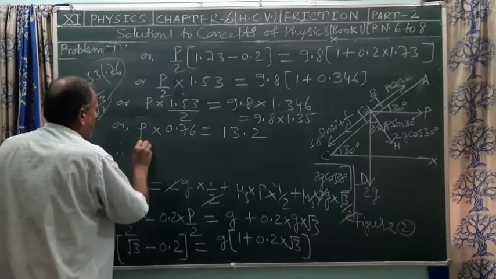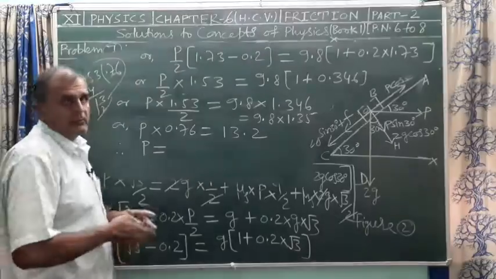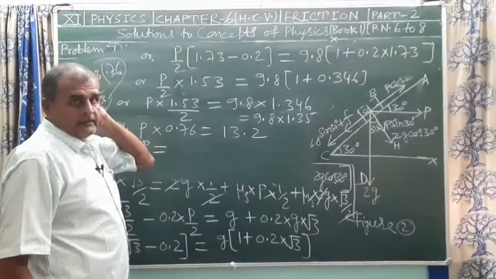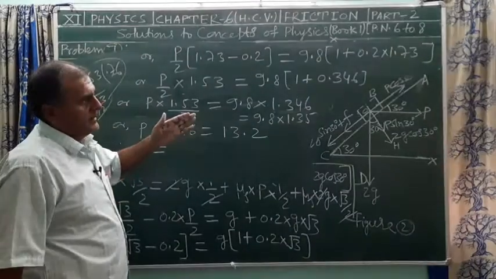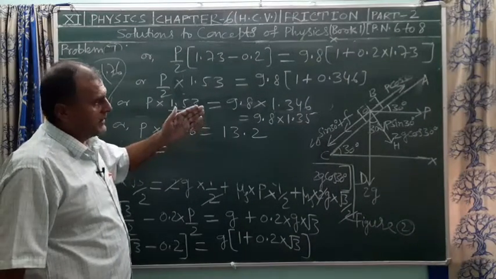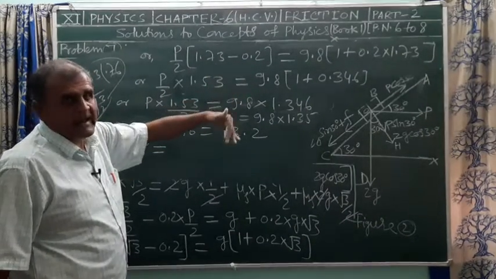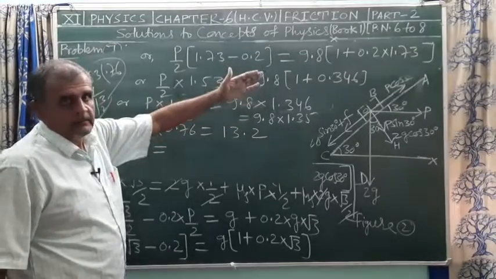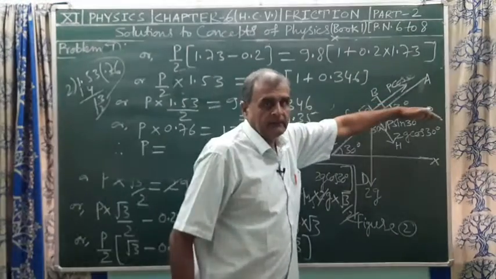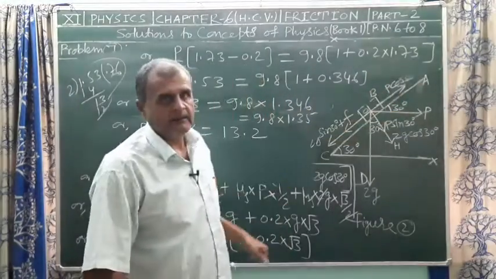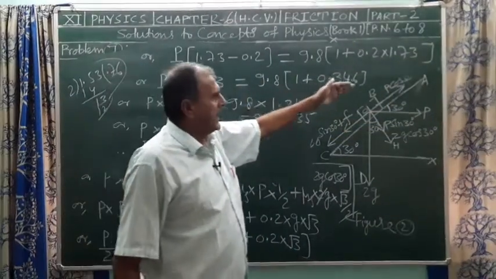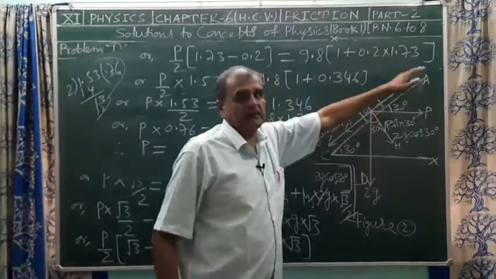Therefore external force applied on the block to move the body in the upward direction of the plane, while the force is acting horizontal, not parallel to the incline. So we have taken the component of force P cos 30.